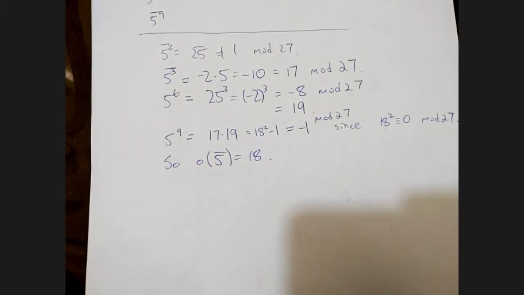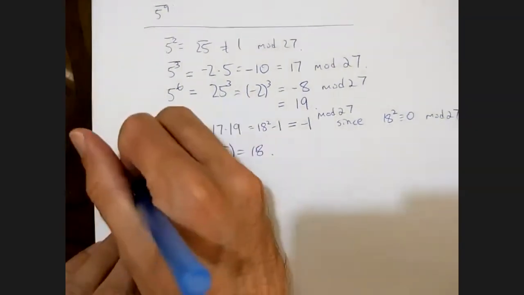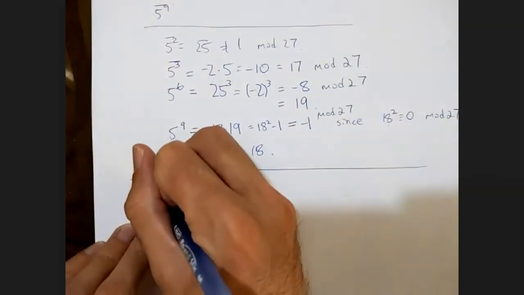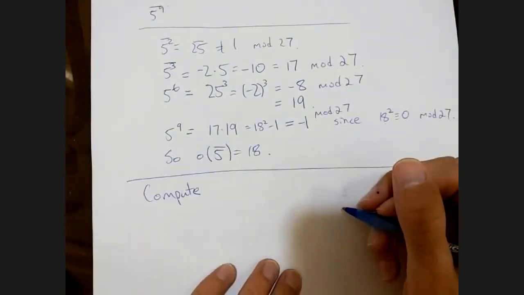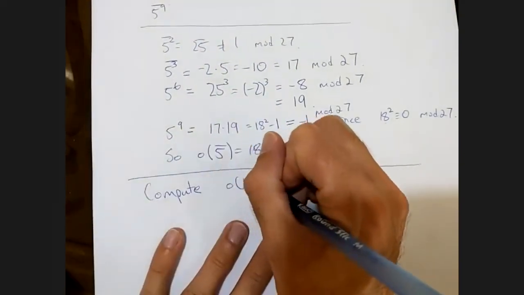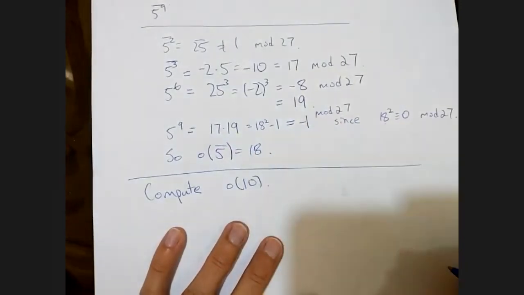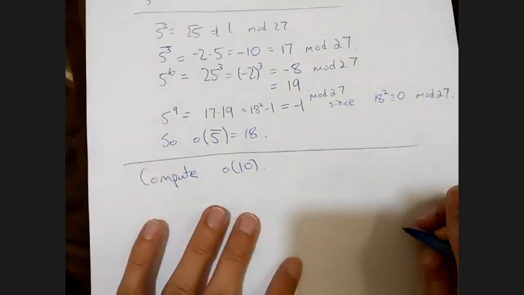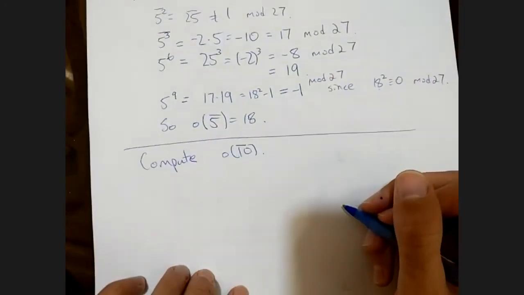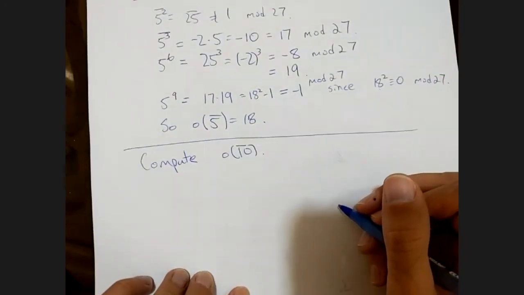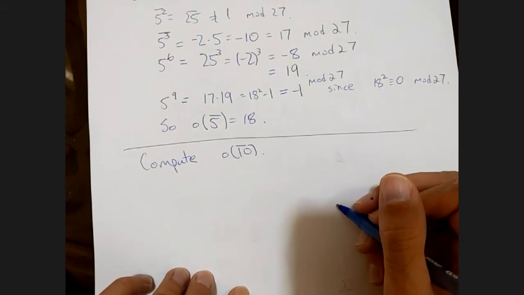Okay. So 10 is not congruent to 1 mod 27.